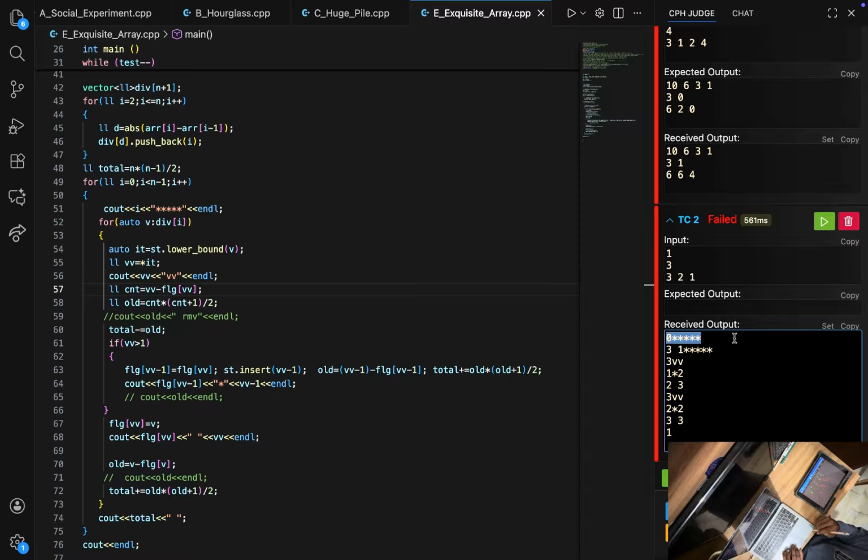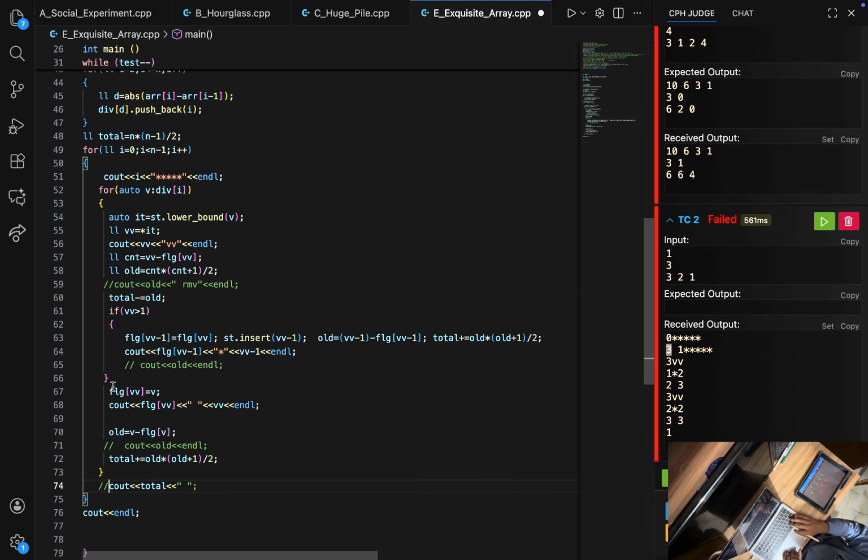Okay, for 0 nothing. For 1 I get... why it's printing 3. Okay, it's the answer. Okay, makes sense.